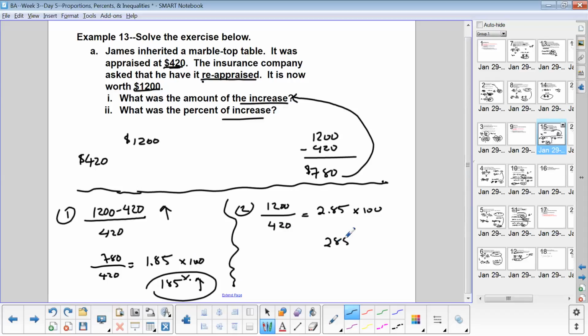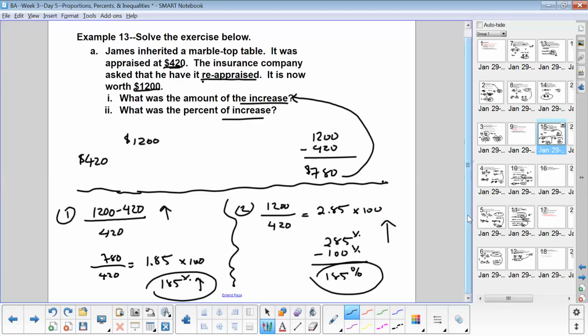So I get 285%, and I'm going to subtract 100% from it, and I get 185% as my increase. So 285%, take away 100%, and I'm left with 185% because it was an increase. And we'll see what happens, especially with this method, what it looks like when we have a decrease.